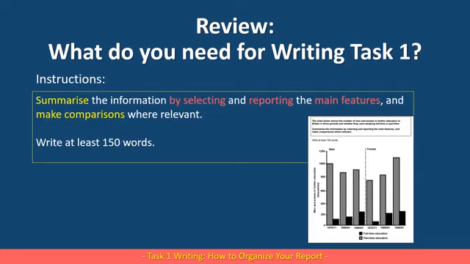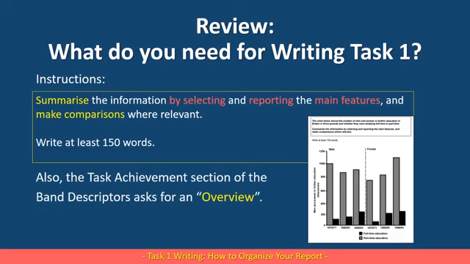Now, how many minutes do we need for writing Task 1? How many minutes do they recommend? Do you know the answer? It's 20 minutes for writing Task 1. And also, important to note that on the band descriptors, these are the papers that the examiner uses to score your writing, in one section, it asks for an overview.